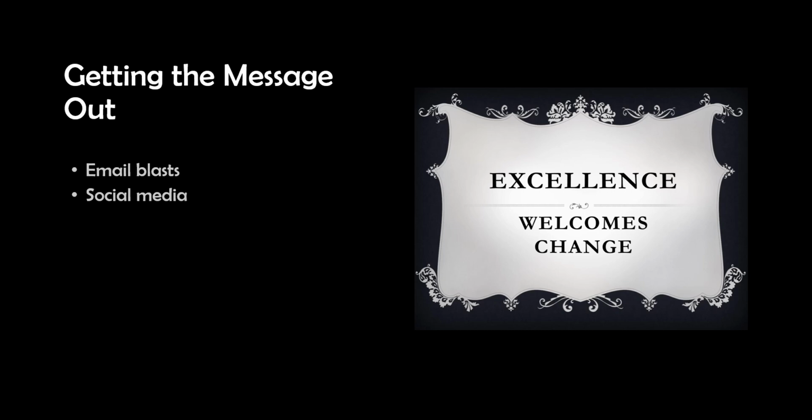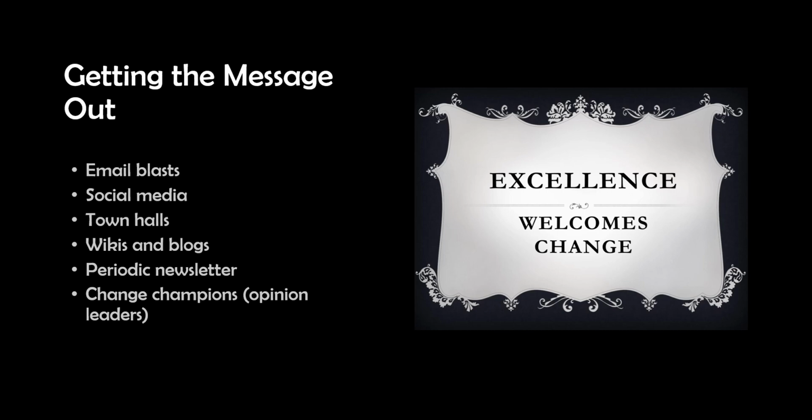We can do email blasts, we can do social media, especially Yammer, which is an internal form of Twitter, town halls, wikis, blogs of the C-suite executives and company leadership, a print newsletter if desired, and what I consider the most important part, the change champions. These are the opinion leaders that are best in a position to make SAP look good, sound good, get people excited about the change.